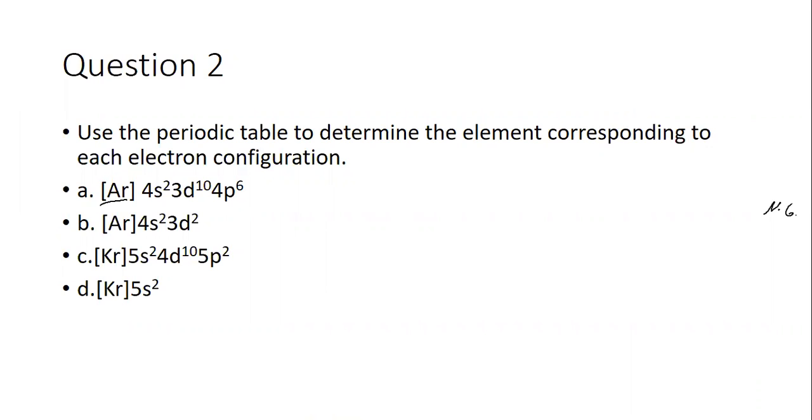So question 2, and hopefully you have your own periodic table available because I did not provide one on this slide for some reason, is we're going to use the periodic table to determine which elements we're looking at. So here we have argon 4s2, 3d10, 4p6. So let's go back to the periodic table and try to figure that out.